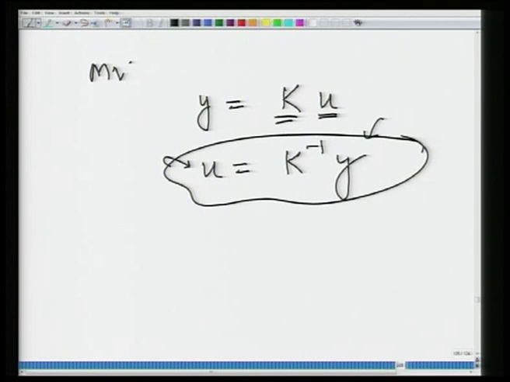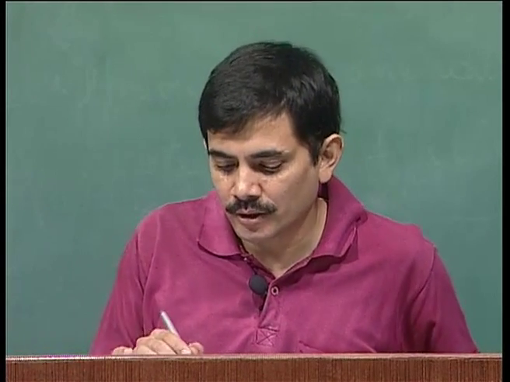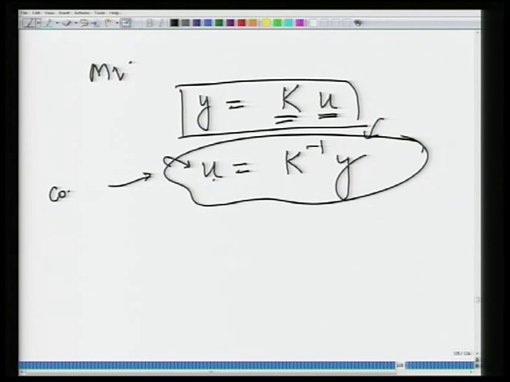Because you are trying to invert your open loop model, this is your open loop model, right. If I make a change in u, through the gain matrix, I get whatever change in y in output. The inverse problem is, I have my y's someplace, I want them to go to 0, what should I do to u? So, in controls you are always trying to invert the process model.